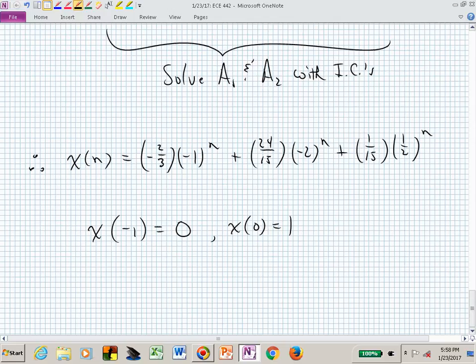Questions? How does this behave as a function of n? Can you tell me? If I give you an n, can you figure out what x of n is? For any n, you can evaluate that expression. Now, what happens when n gets big?